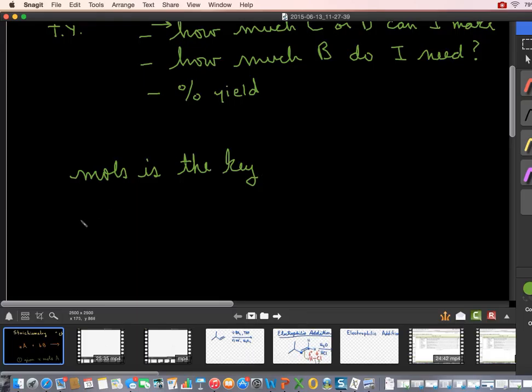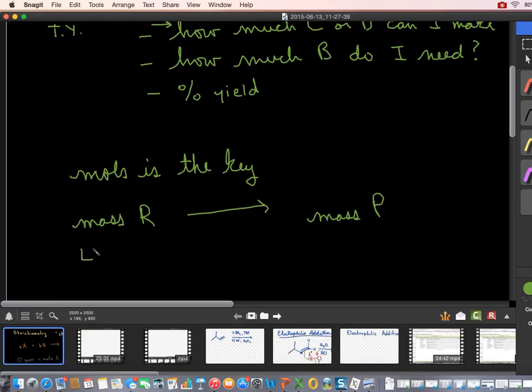We can be given the mass of a reactant, and we want to find the mass of product that is possible. I could be given one mass of one reactant and the other is assumed to be an excess, or I could have to determine which of those is the limiting reagent, which is which one runs out first.